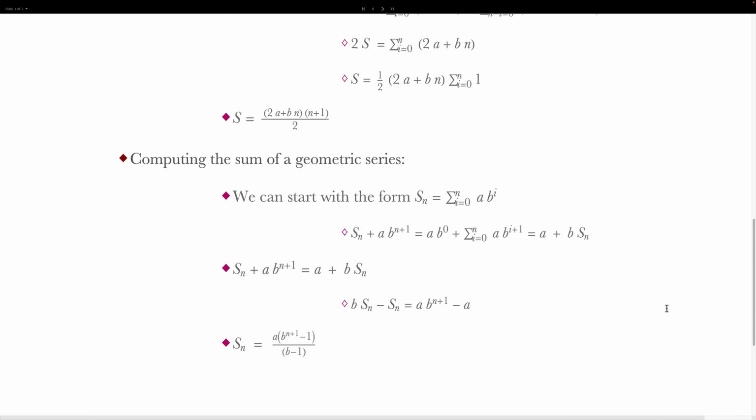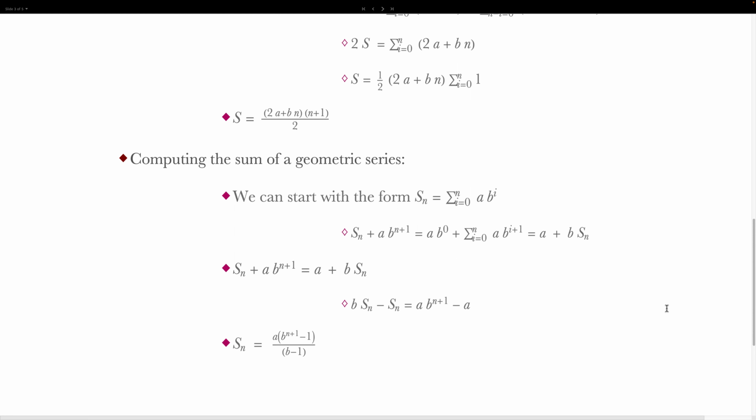From there, we can observe that S sub n plus a times b to the power of n plus 1 is then equal to a plus b times S sub n. At that point, we can just move a couple terms around and get S sub n is equal to a times b to the power of n plus 1 minus 1 divided by b minus 1.